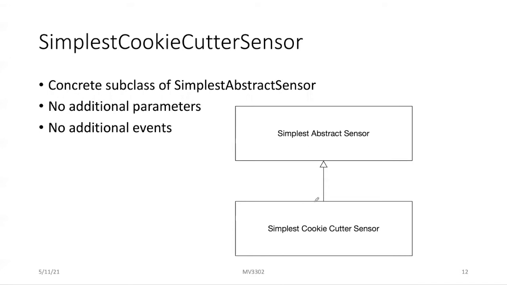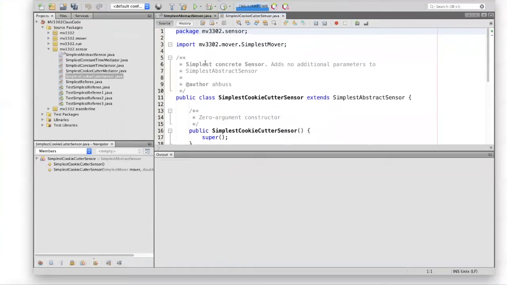It's going to be a concrete subclass of the simplest abstract sensor. I should have put this in italics, but the simplest cookie cutter sensor is a concrete subclass. It has no additional parameters and no additional events. Let's see what that looks like.